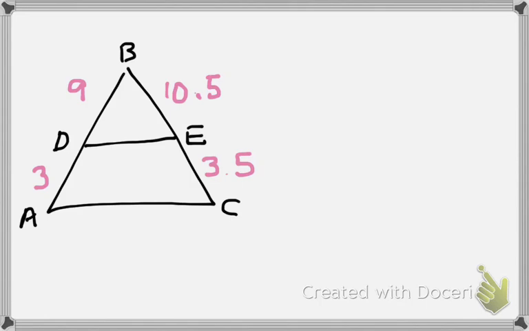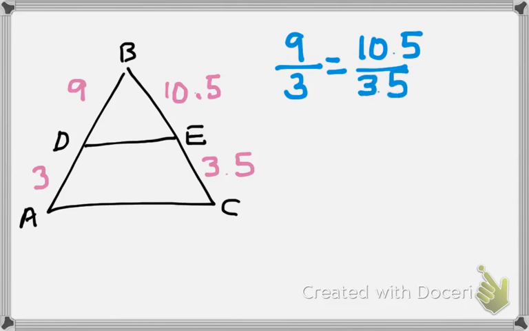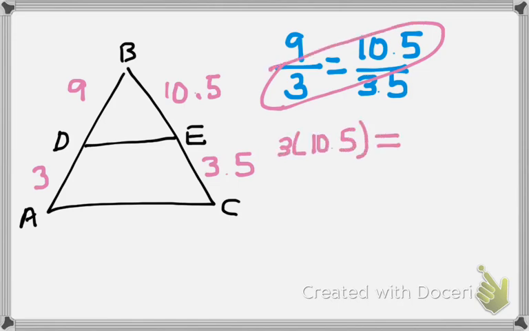I have all the lengths of my segments, so I'm just going to create that ratio. 9 is to 3 as 10.5 is to 3.5. And again, I think the easiest thing to do is just do the cross product. Then you don't have to worry about dividing. So is 3 times 10.5 the same as 9 times 3.5?